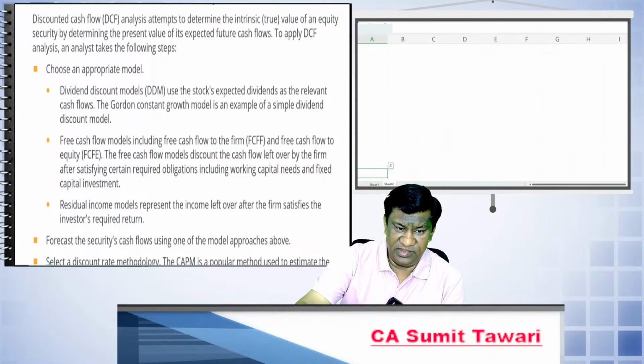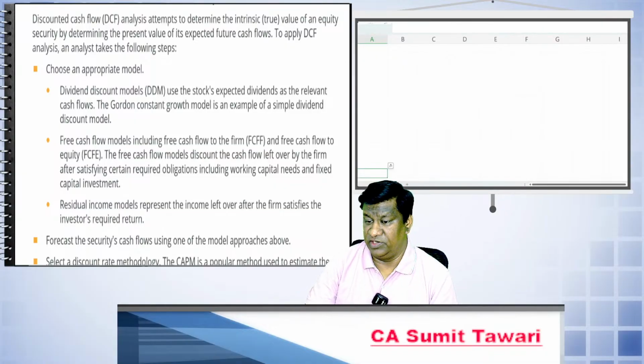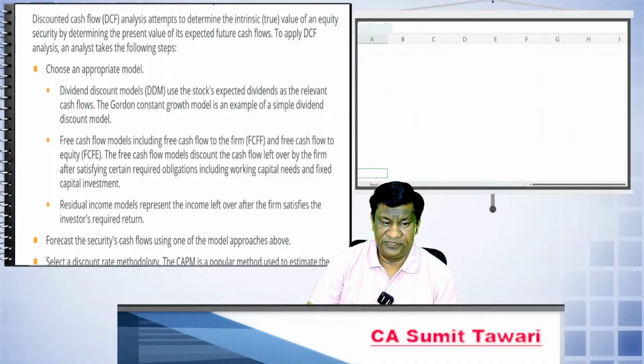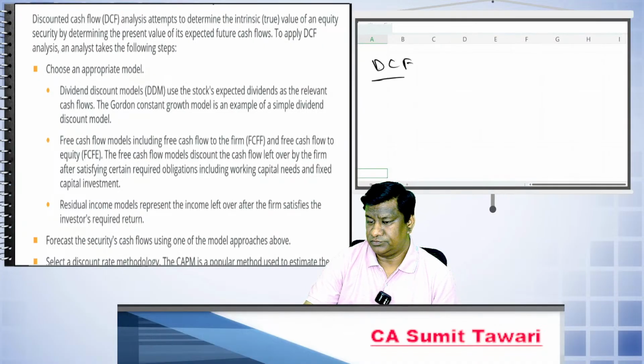Okay. Then how do we calculate the value of a share with the discounted cash flow model? There are basically two types.